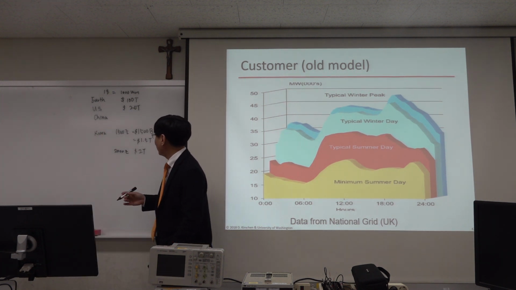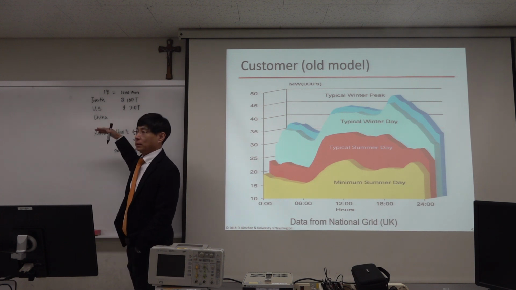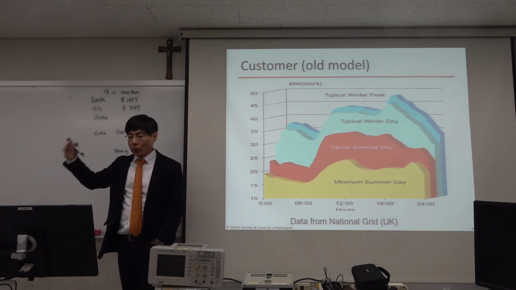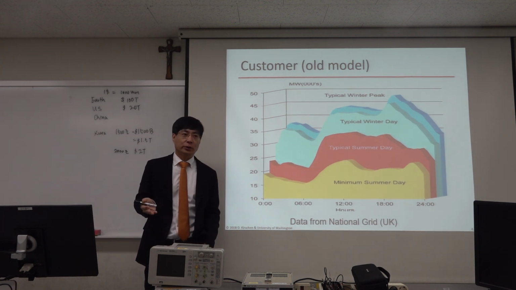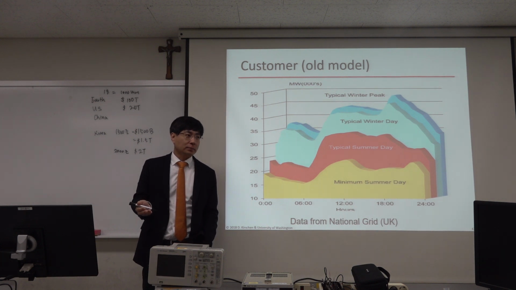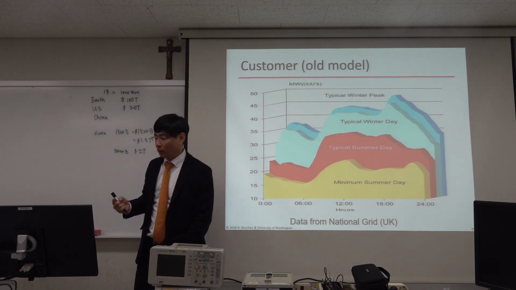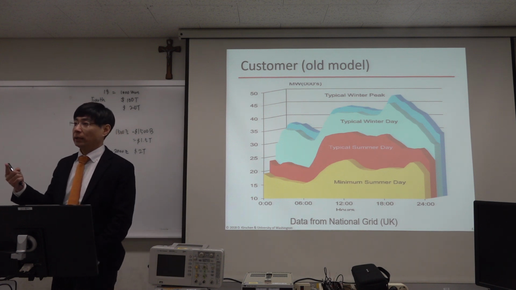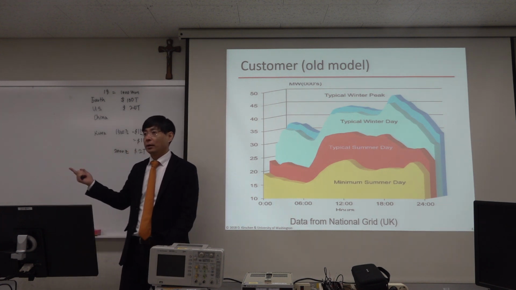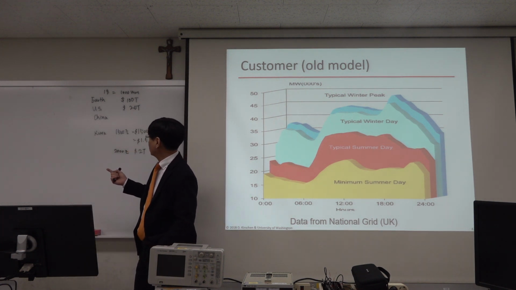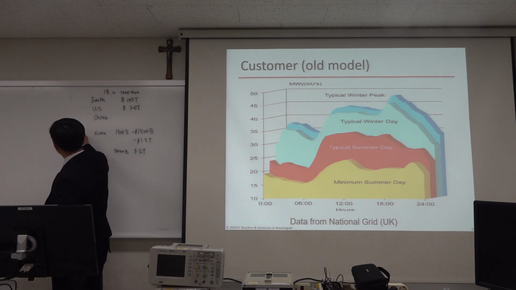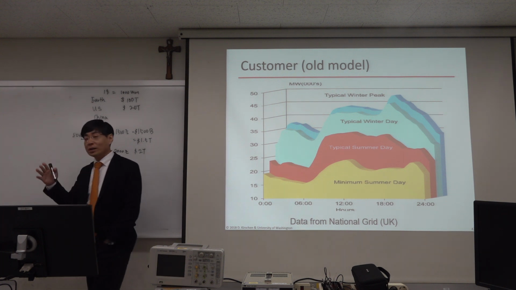Anyway, what I want to say is that GDP is proportional to the total power consumption of the country. That means the total load of the United States is 10 times higher than Korea's. Okay? So Korea, yeah, 80 gigawatt, 100 gigawatt.